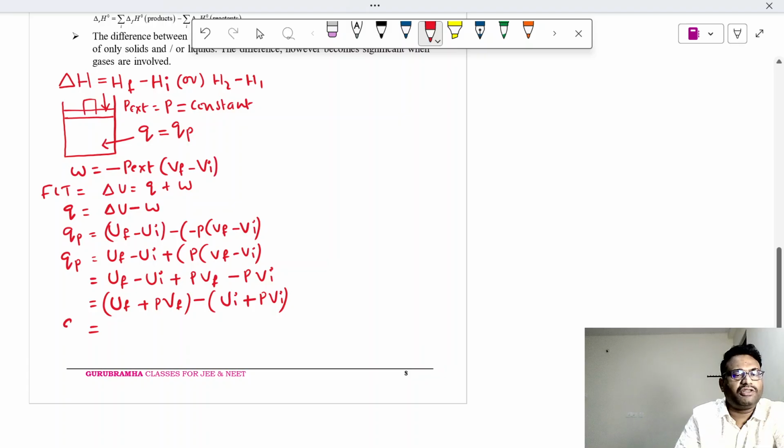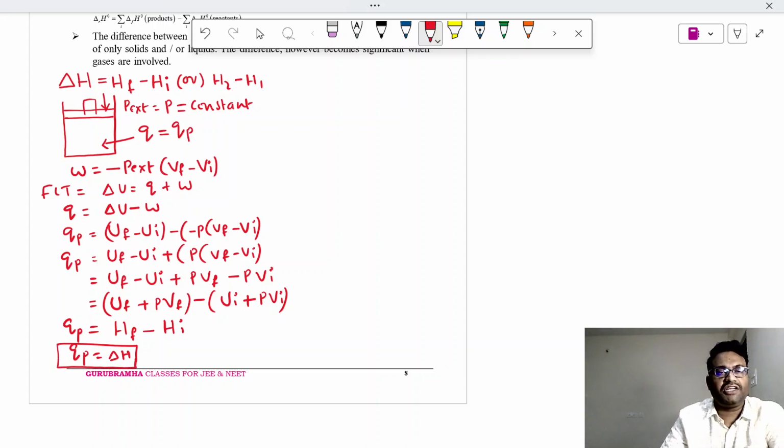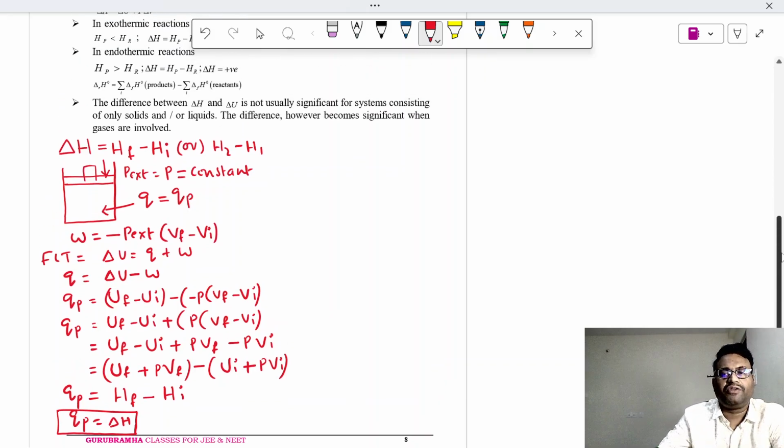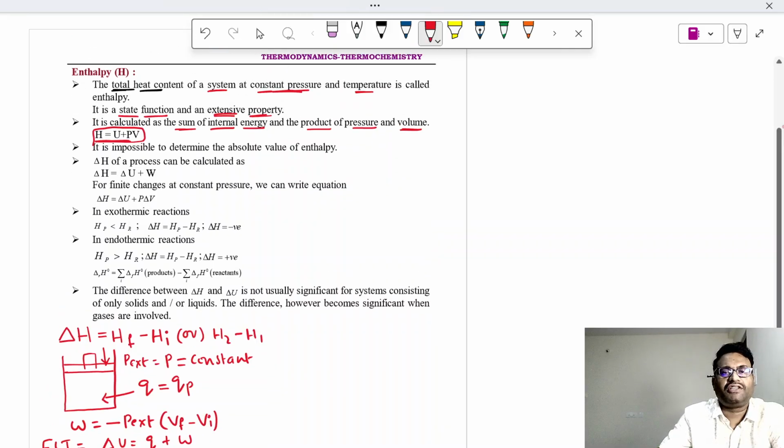QP is equal to U final plus PV final, which is H final, minus U initial plus PV initial, which is H initial. So QP is equal to delta H. Change in the enthalpy is nothing but the amount of heat absorbed at constant pressure. So QP is equal to delta H. Okay.